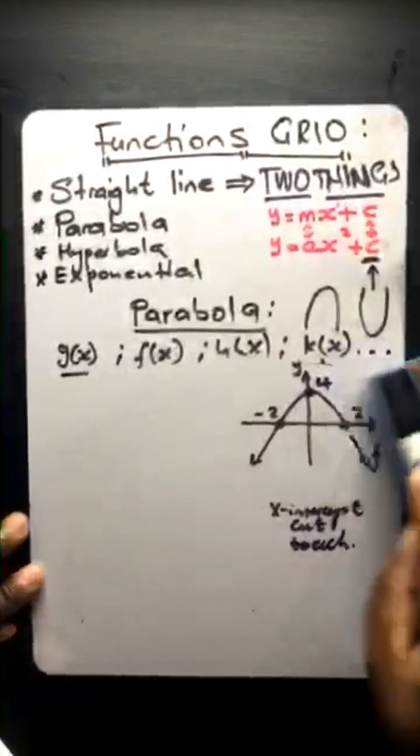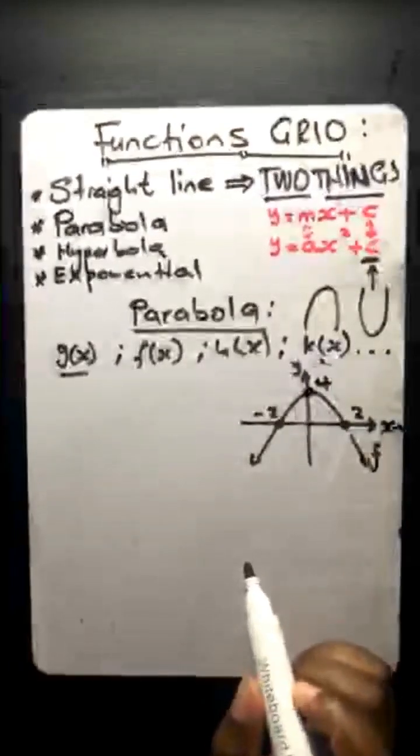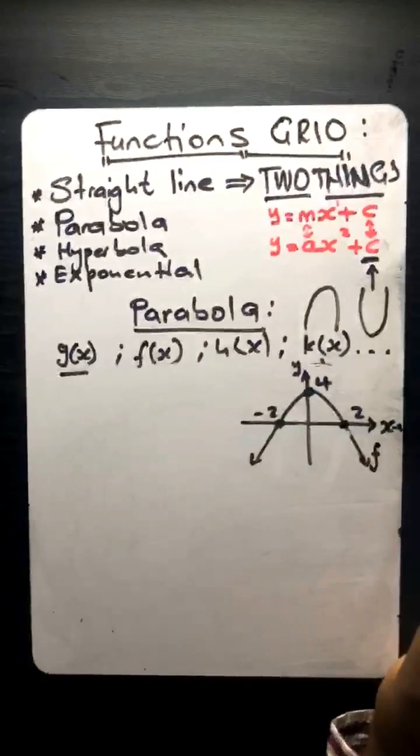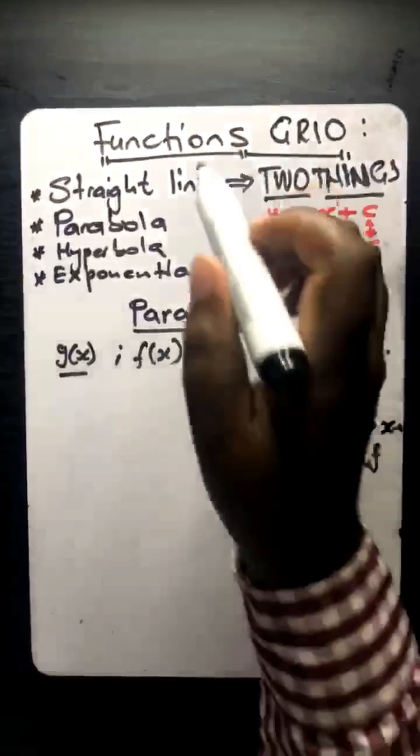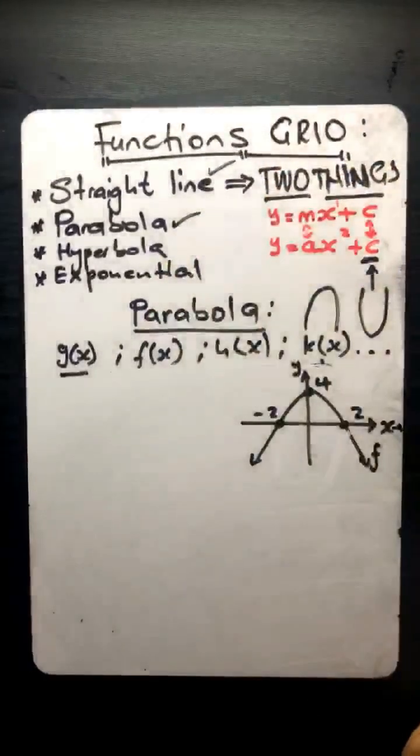It's what we call the y-intercept. So guys, try to write down what I'll be writing, because in today's lesson we will leave it there, and I'll give you something to work out from your side.